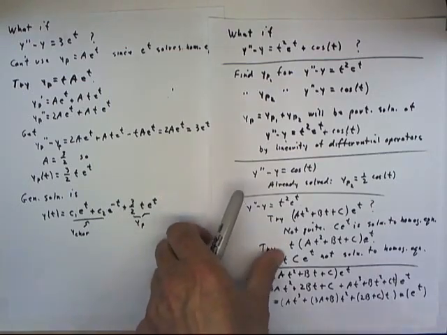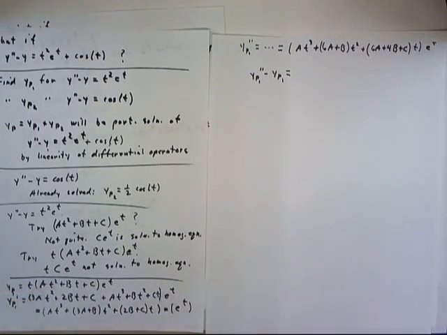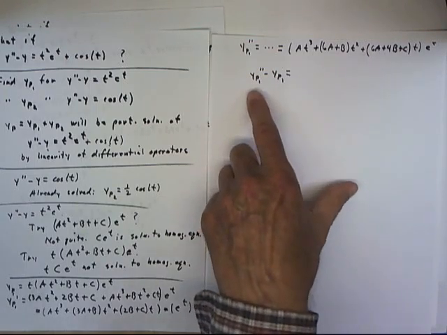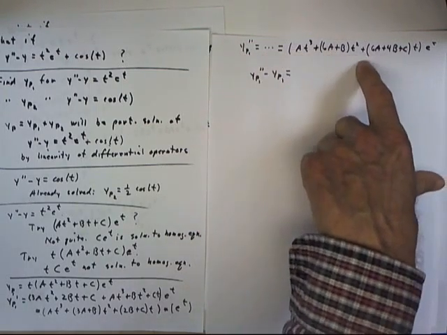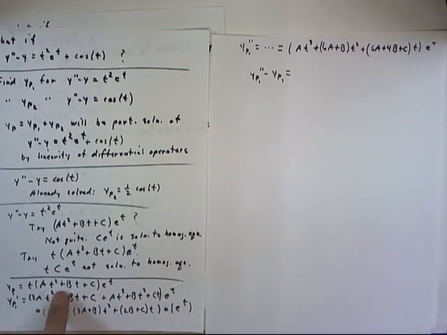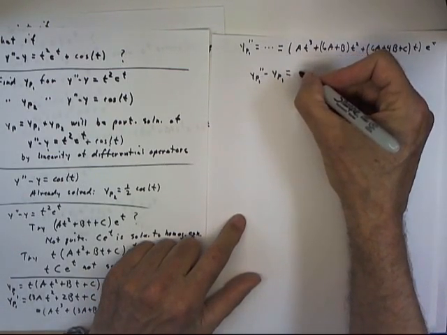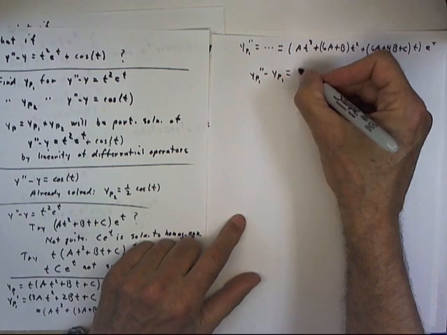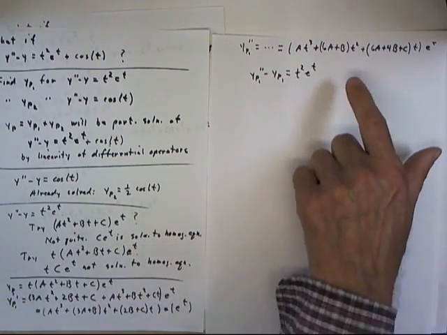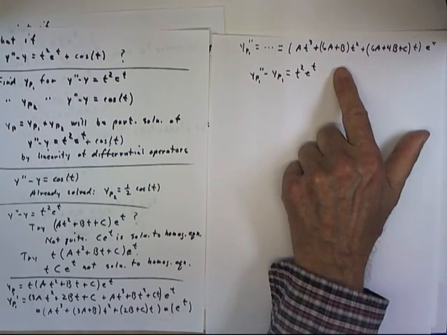Then we take the second derivative, and the second derivative will, if you'll take my word for it, turn out to be this. Now we plug this particular solution, the second derivative and the expression for the first derivative, back into the equation. Yp1 double prime minus yp1 equals t squared e to the t, and see what our constants come out to be. We'll continue this in another clip.